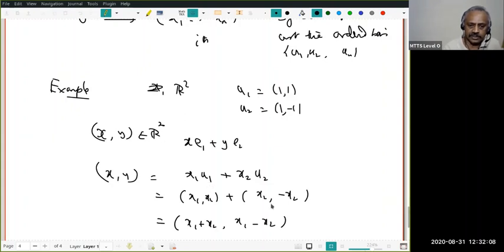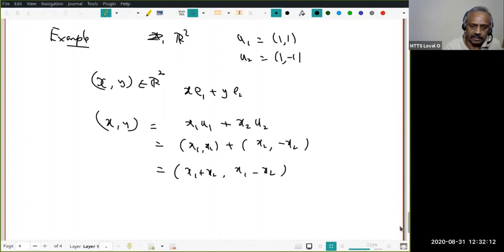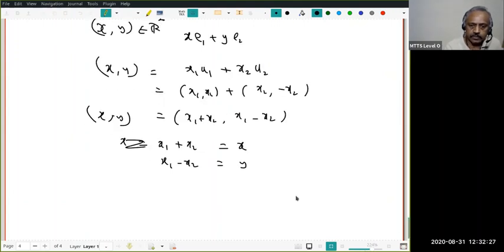How do I add two vectors in R2? By coordinate-wise. You follow that? Therefore, what do I want? I want the ordered pair (x, y) to be equal to this ordered pair. That means x1 plus x2 must be equal to x, and x1 minus x2 equal to y. Adding these two, I get 2x1 equal to x plus y, that is x1 equal to (x plus y) by 2.